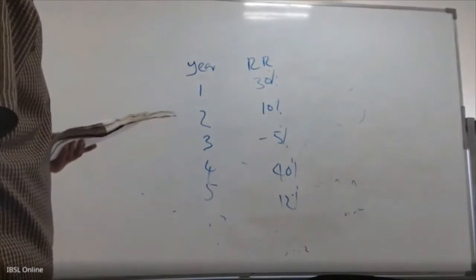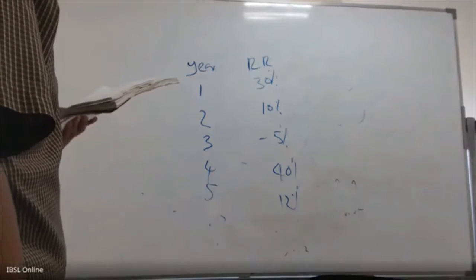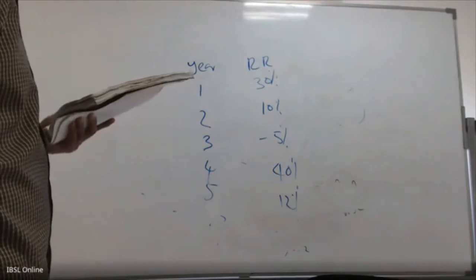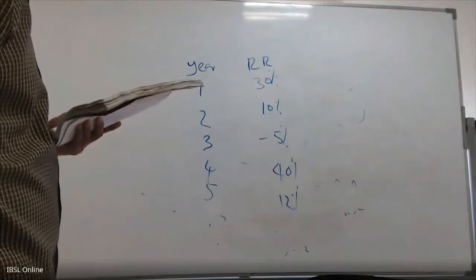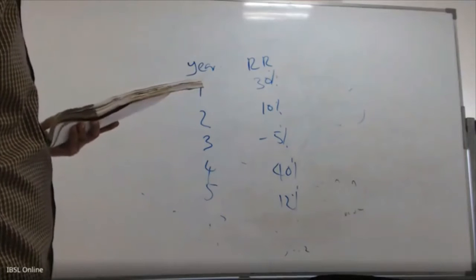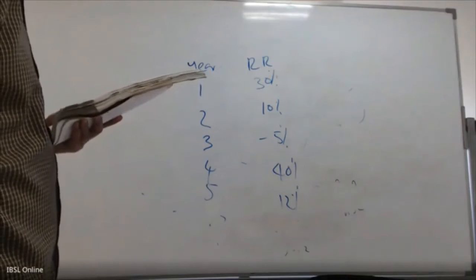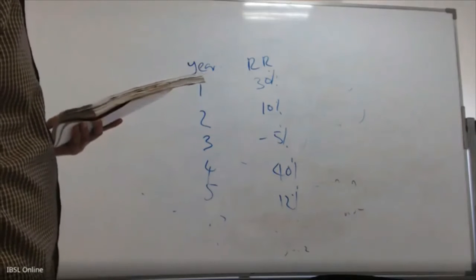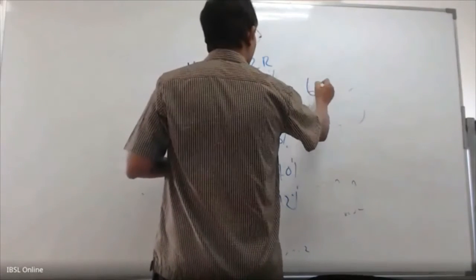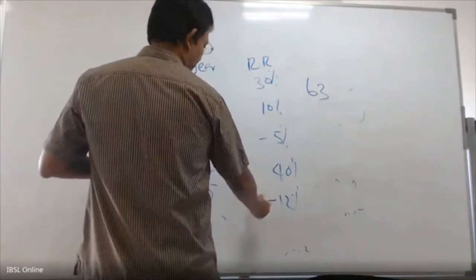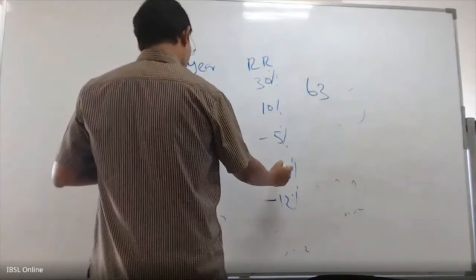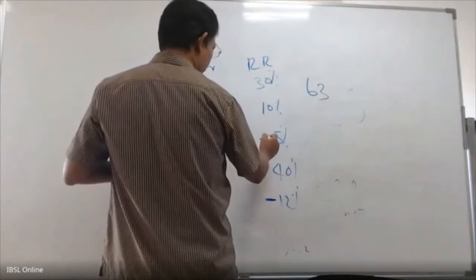So you have 30, then 10, then minus 5, then 40, minus 12, which sums to 63.